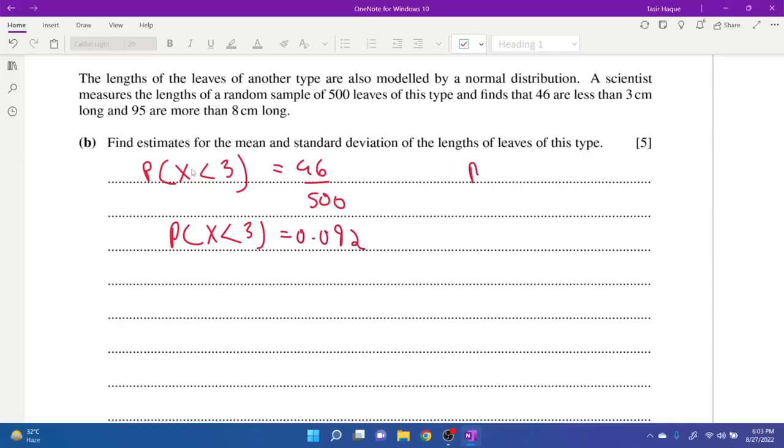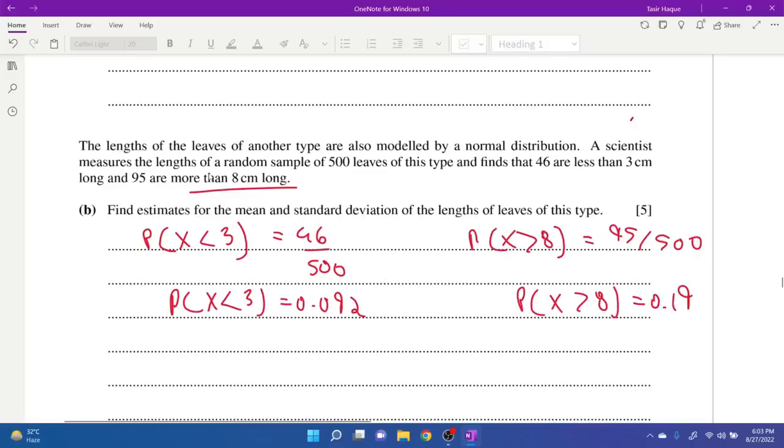What about the other one? P(X > 8) is equal to 95 by 500, which is 0.19.